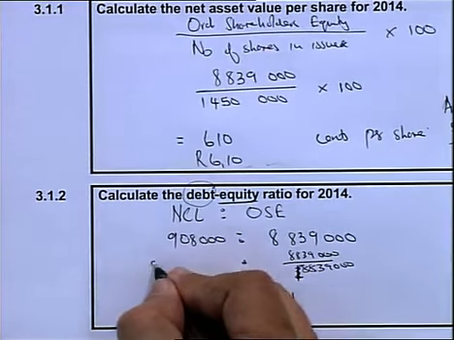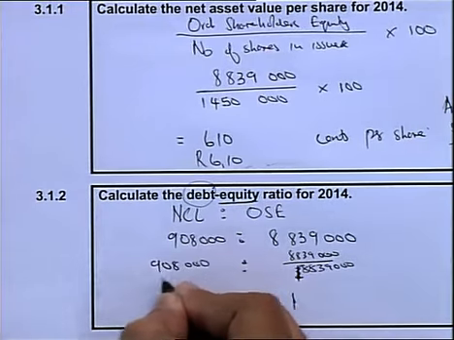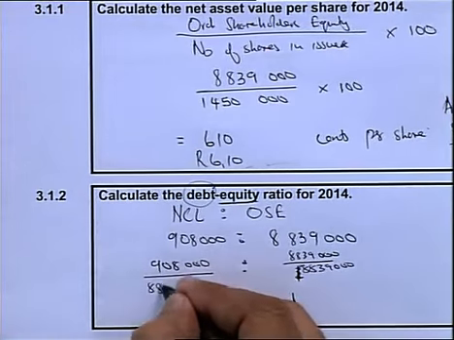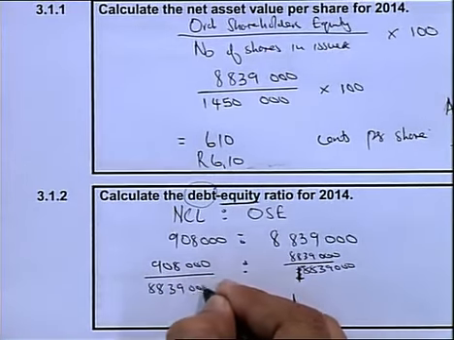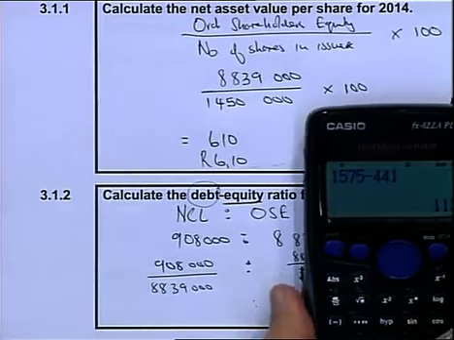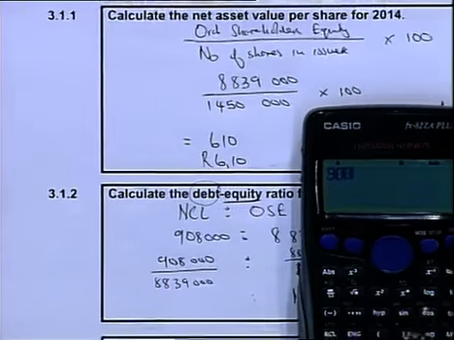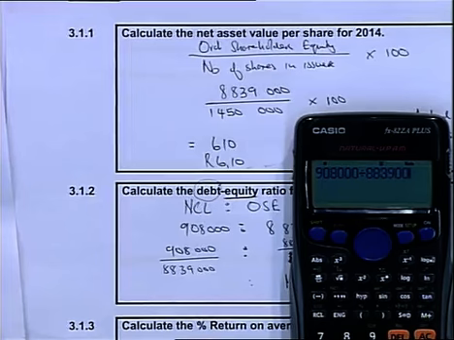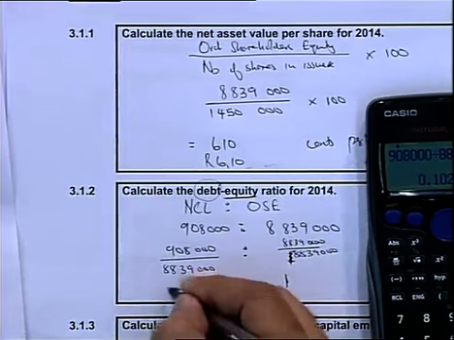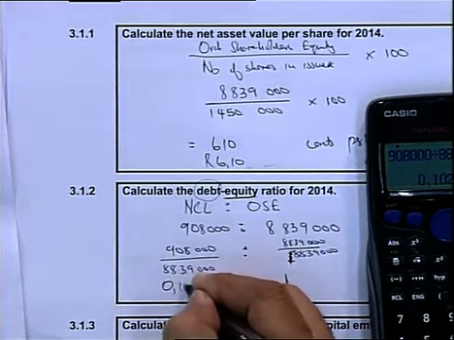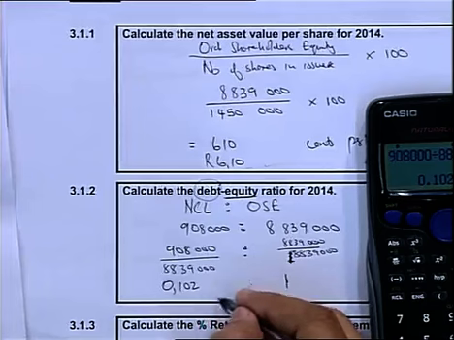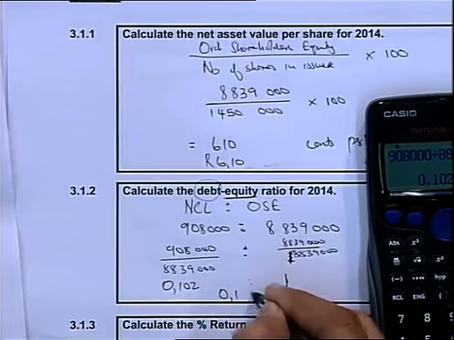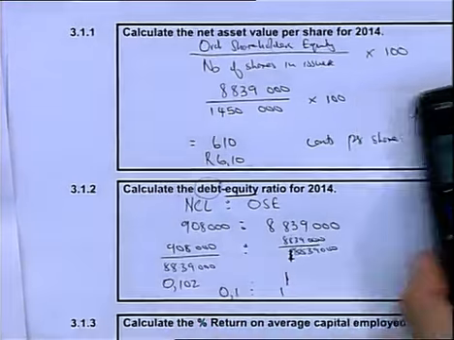Therefore this side will also be 908,000 divided by the 8,839,000. So when we do that on the calculator, 908,000 divided by 8,839,000. Right. The answer is 0,102. Then we round it off. We say 0,1 is to 1.